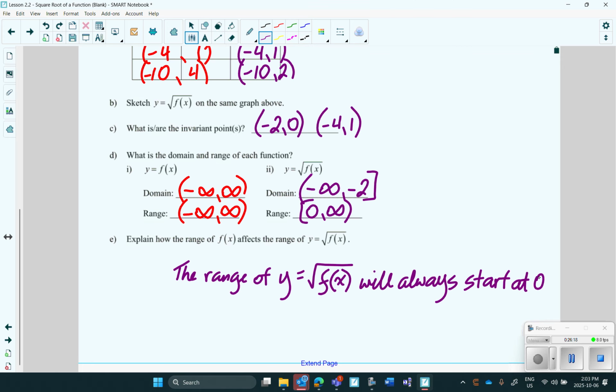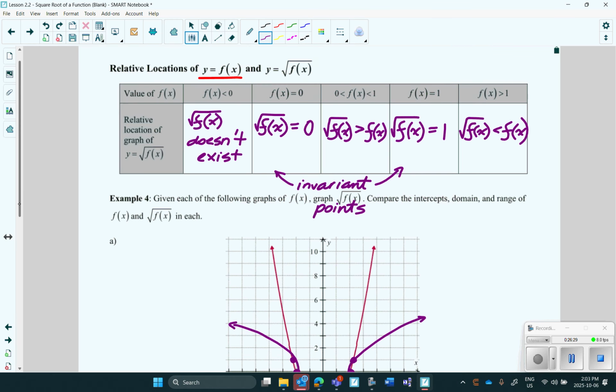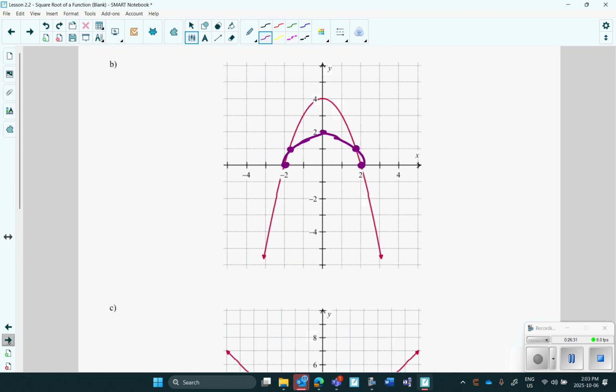And I shouldn't say it'll go up to infinity, because there was one example that we did where it didn't go up to infinity. It'll always start at 0. But remember this example? What's the range of this one? Oh, 0 to 2. It doesn't go up to infinity, because when they curve in at each other, it doesn't go up to infinity anymore. Only when they curve out does it go up to infinity. Okay.